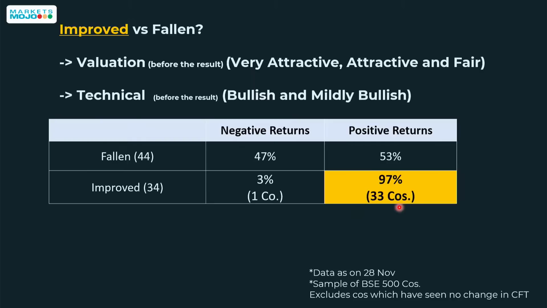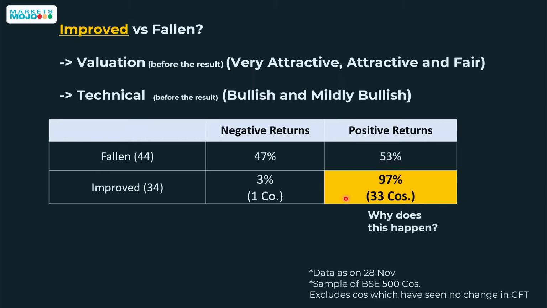This is the golden slide. This is the particular strategy. Just with 3 filters, not much maths, nothing. Improved companies, valuation before result very attractive and fair, technical bullish and mildly bullish. 3 filters, and we have a 97% strike rate over here.